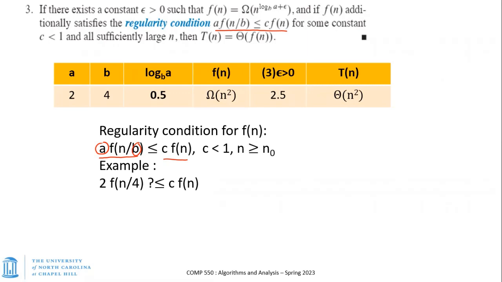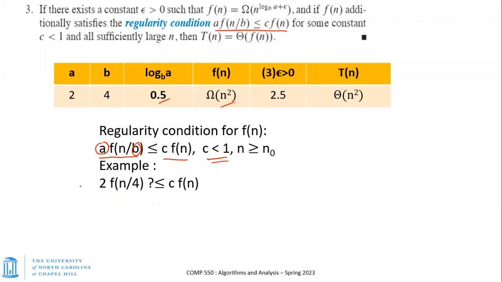I don't know if you can give an intuition to that equation, but c has to be less than 1. So it has to be smaller than the original function. So let's take a look at this. I'm just picking out one of the examples.